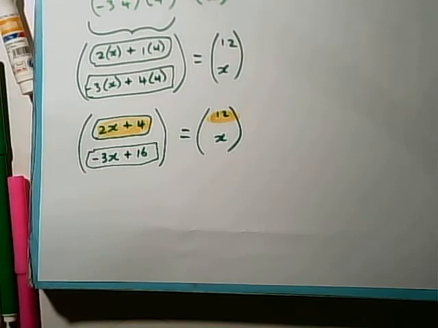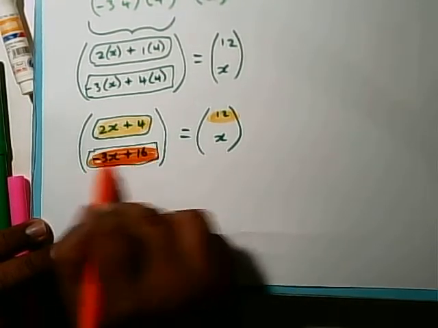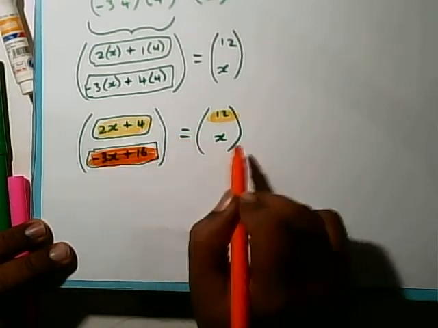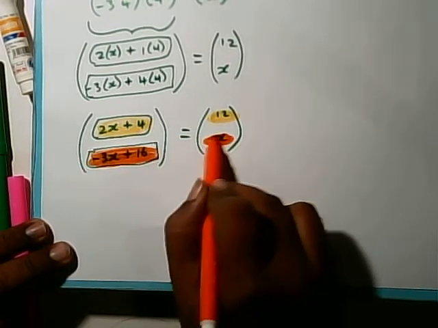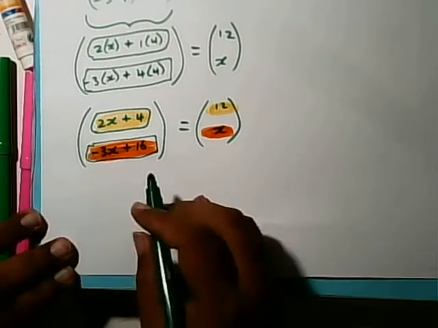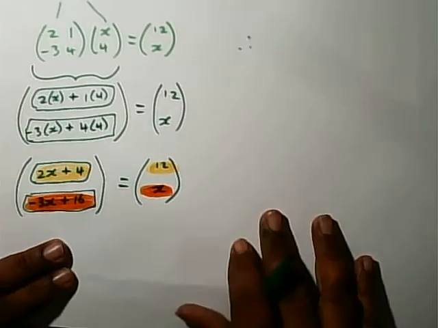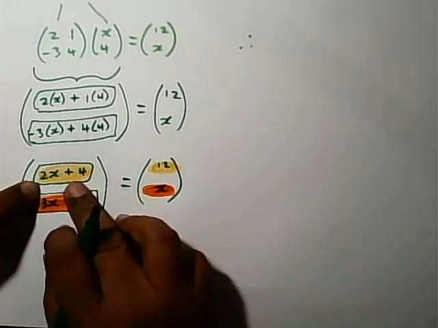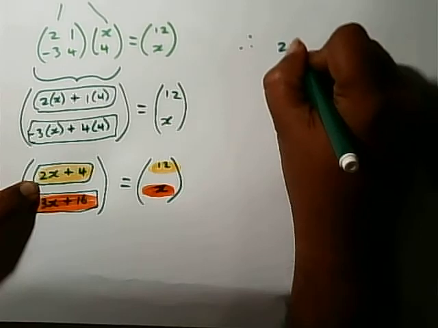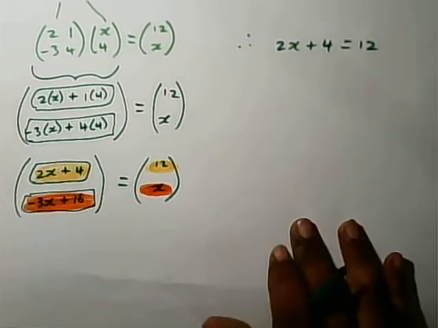We also know that this here will be equal to this here. So let's use that information now. So we say now, therefore, 2x plus 4 equals 12.